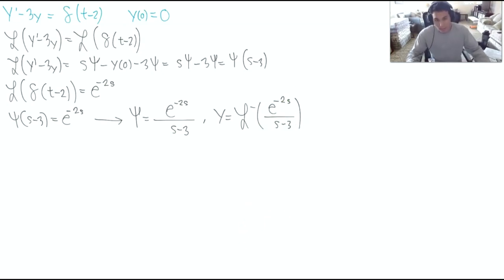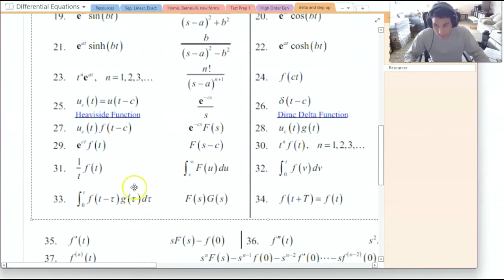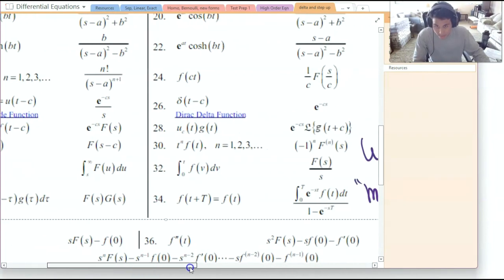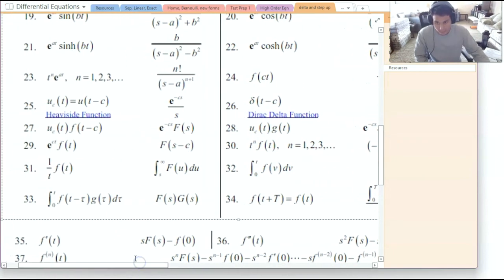If we go back to our table, here's the thing we got: some function of s, and then we have e to the negative cs. So if we have e to the negative 2s, and then F of s is 1 divided by s minus 3, we're going to jump to the unit step. I'll explain it a little bit better in a second.